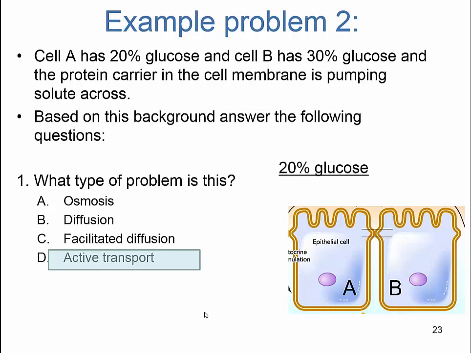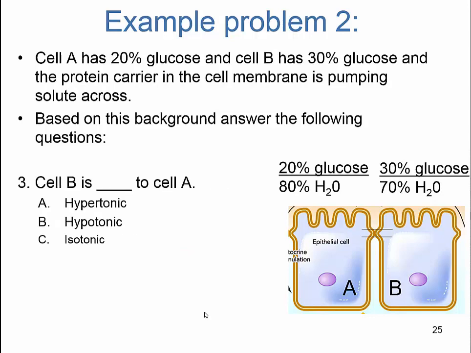And so the data that we would want to analyze as we look at this is 20% solute in cell A, 30% solute in cell B, right? And so the movement of solute is going to be irrespective of the gradient if it is active.